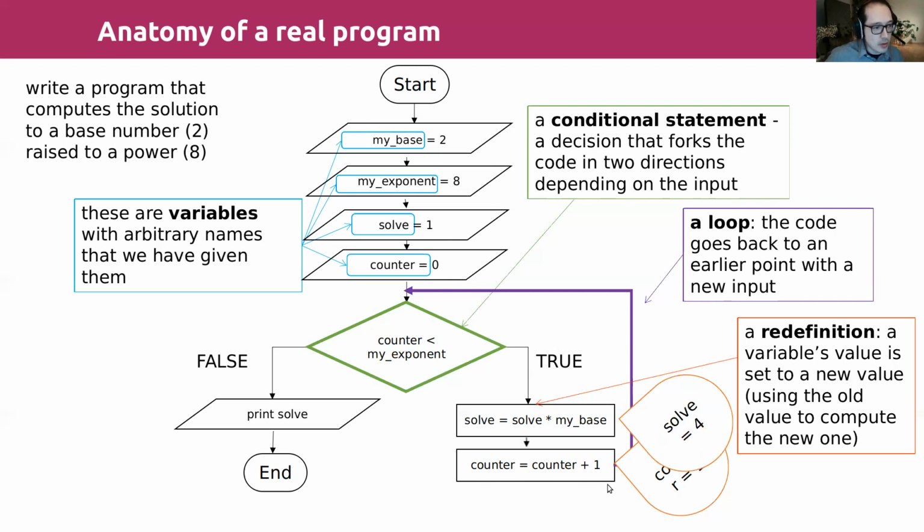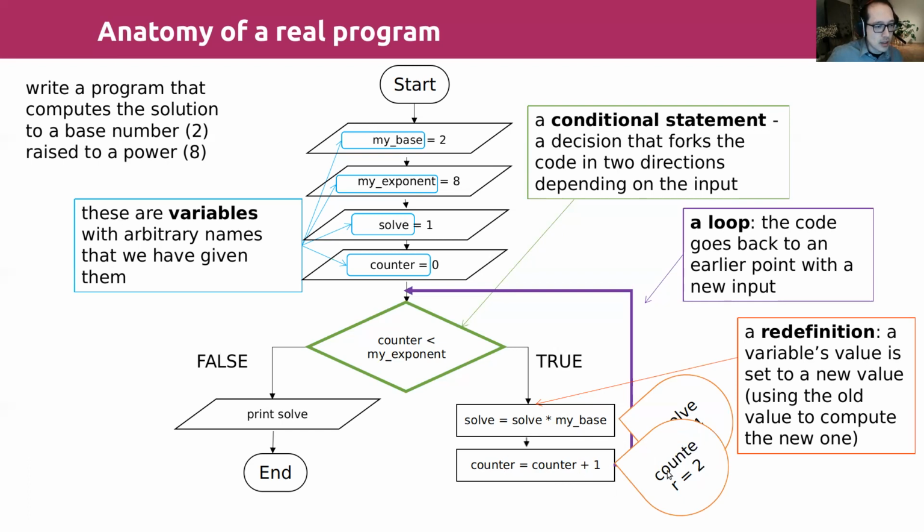The second time through the loop, counter was 1, so it's still less than 8, still less than my exponent. So we'll go through the loop one more time. And now this time solve is equal to 2, so 2 times the base 2 is going to be 4. And now we redefine solve as 4. And we execute this counter increment again.